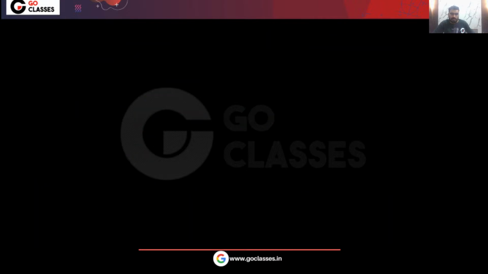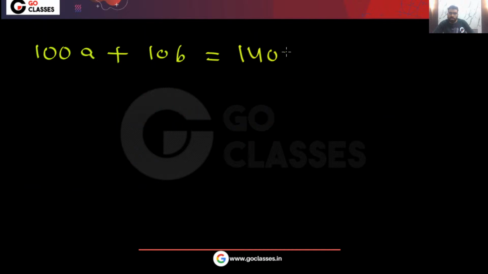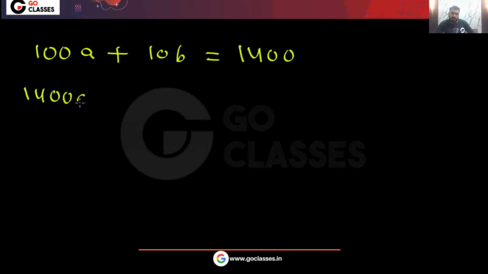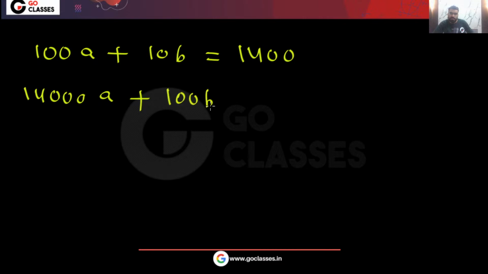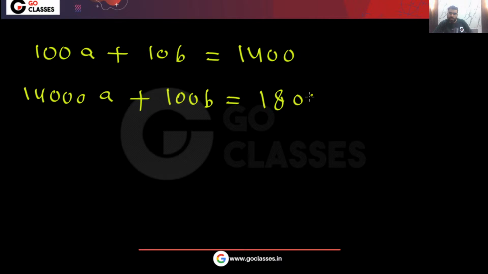One equation is 100a plus 10b is equal to n3, and the n3 is already 1400. Also the another equation is 14,000a plus 100b is equal to n4. N4 is already 18,000.